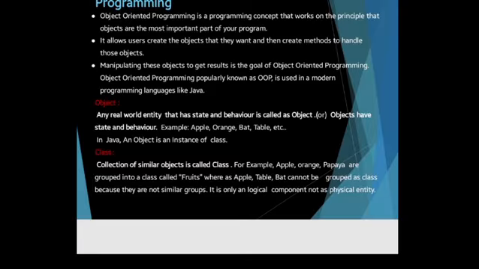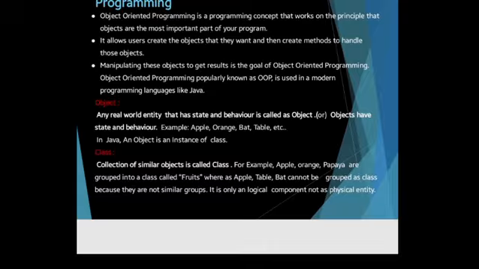Each object contains its own data and the methods that operate on that data. The main goal of OOP is to represent real-world entities inside a computer program. Almost everything around us can be considered as an object such as a student, teacher, car, mobile phone, bank account, or even a book. For example, think about a college management system.